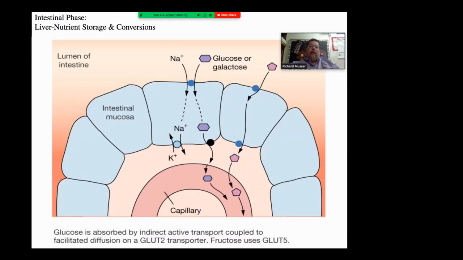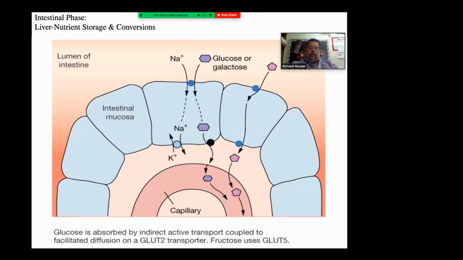You'll see that a lot of these sugars get absorbed through co-transport. So sodium and glucose or galactose will be transported into the cell and then ultimately transported out into the capillary. So sugars are quickly absorbed into the bloodstream. In fact, the brush border cells will use another nutrient instead of sugars, so that it maximizes putting sugar into your blood.